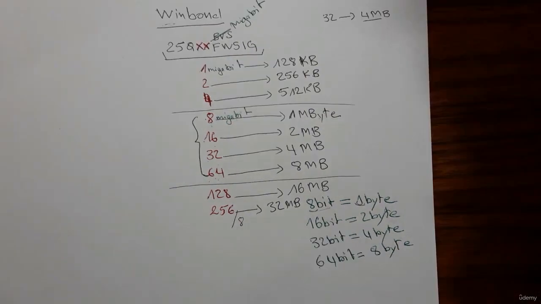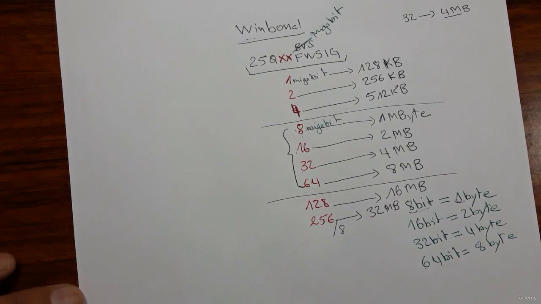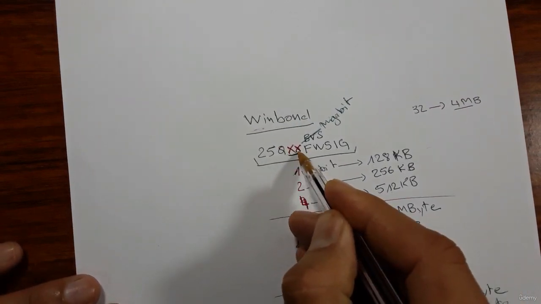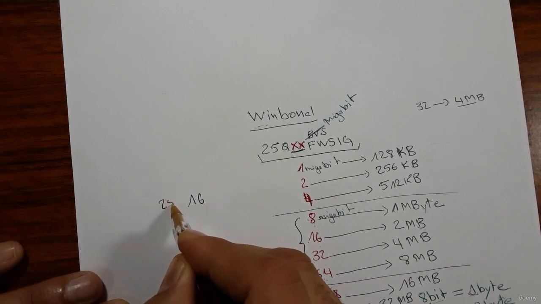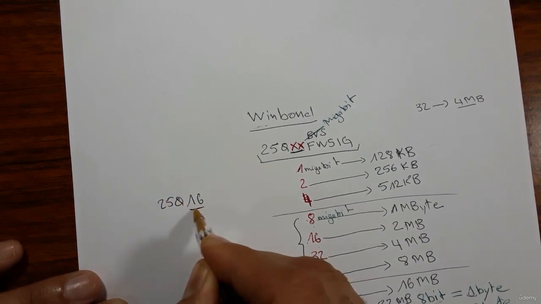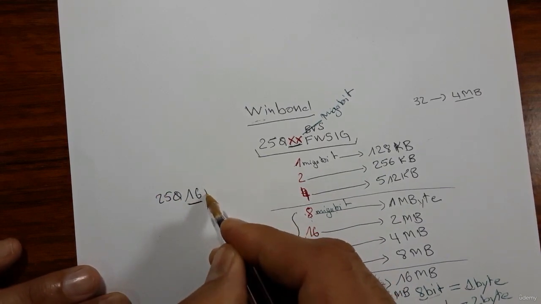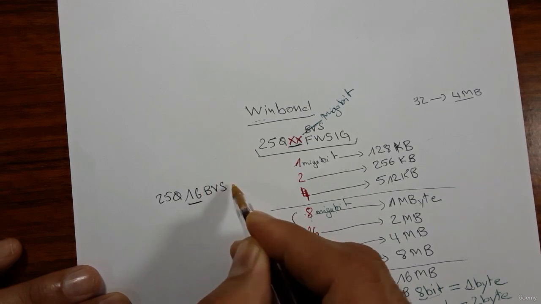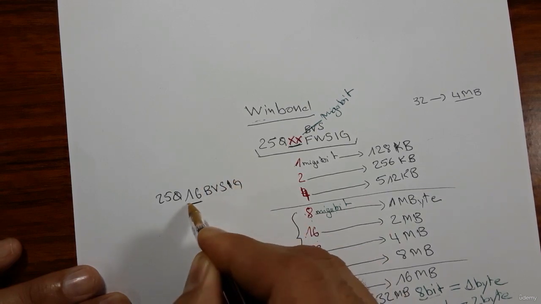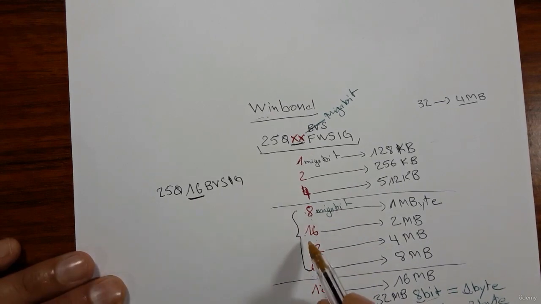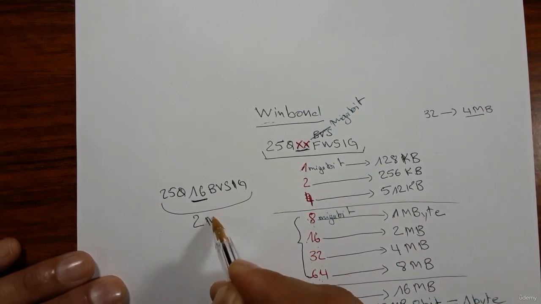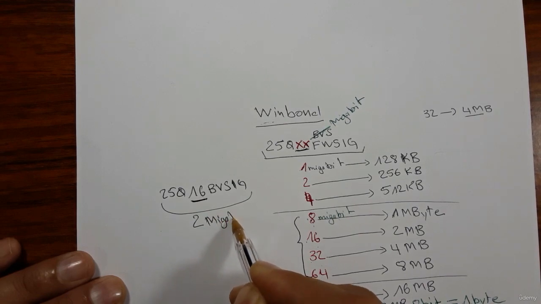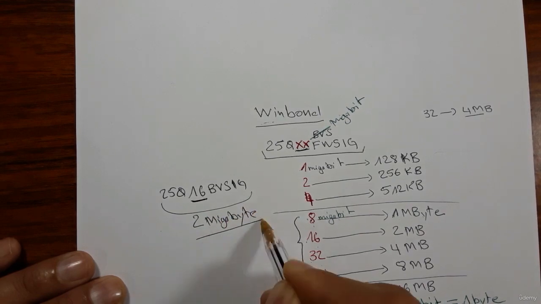For example, if you have a BIOS with 2 megabytes, let's assume that here we have 25Q16 BVS, this is just a reference, for example. So we have 16. 16 means 2 megabytes. So this BIOS has 2 megabytes of size.